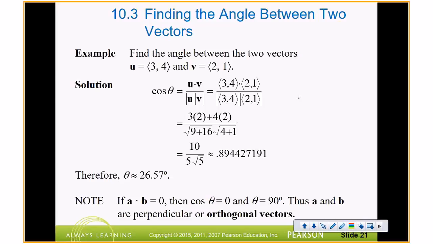I don't know why we didn't get that. 3 times 2 is what? 6 plus 4. Is that what that is? Wait a minute. Why did they do 4 times 2? 3 times 2 plus 4 times what? 1.